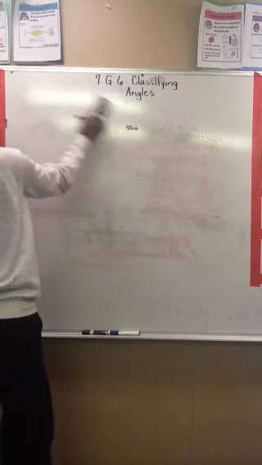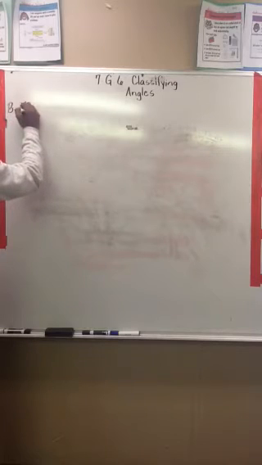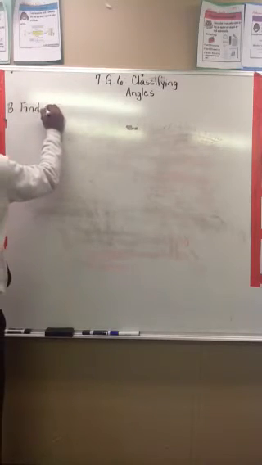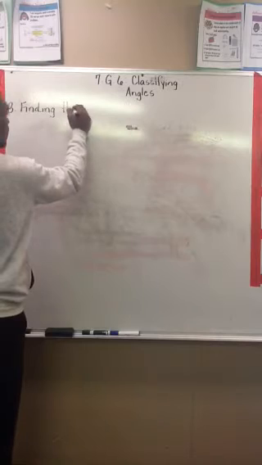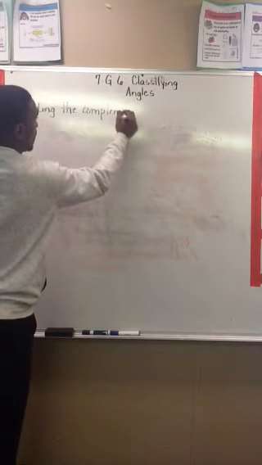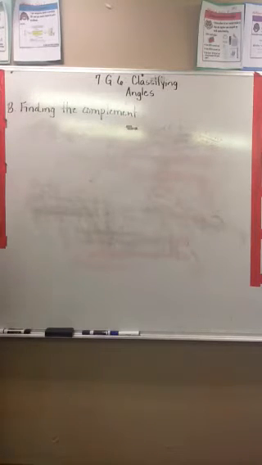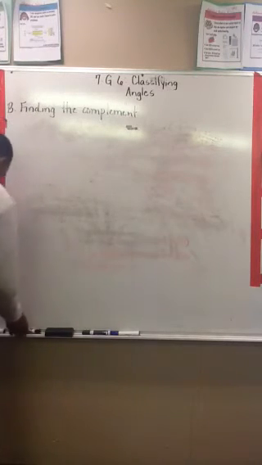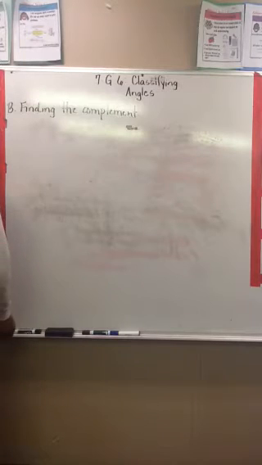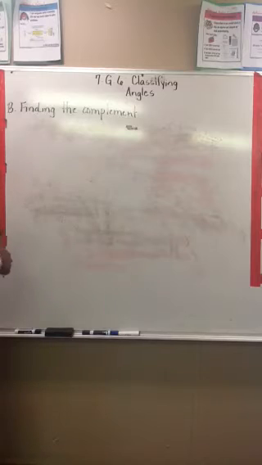All right, let's look at B. B is finding the complement. Complement is the same as complementary. So if we're finding the complement, we're finding the missing angle from 2 angles that have a sum of 90.